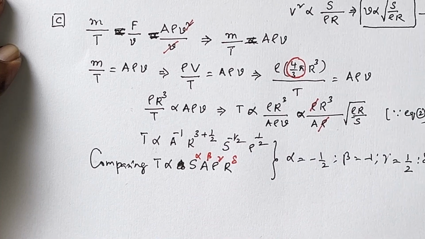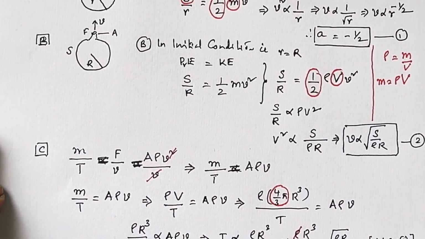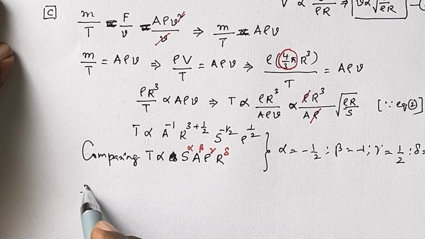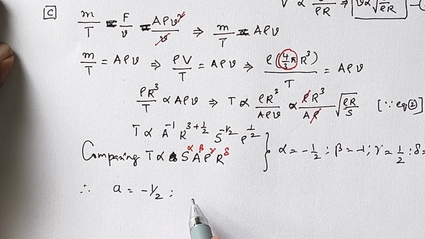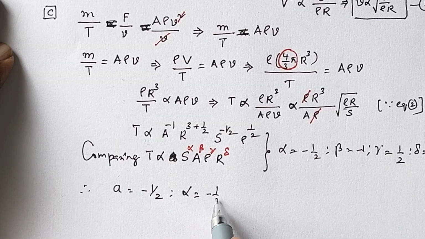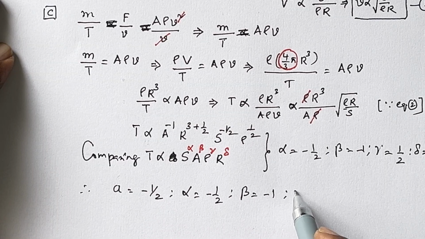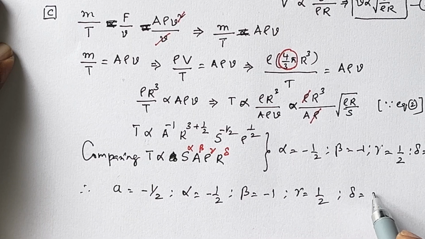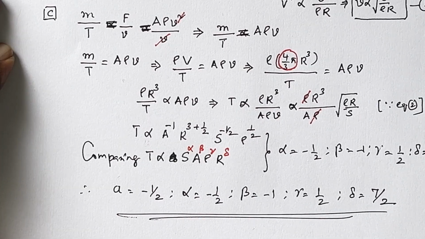So the final answer in equation 1: a is equal to minus half, alpha is equal to minus half, beta is equal to minus 1, gamma is equal to half, rho is equal to 7 by 2. So this is our answer.